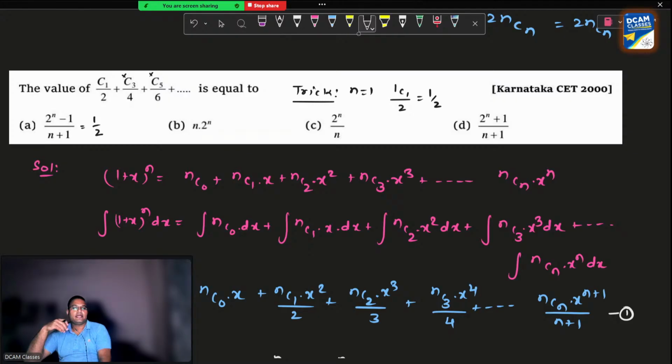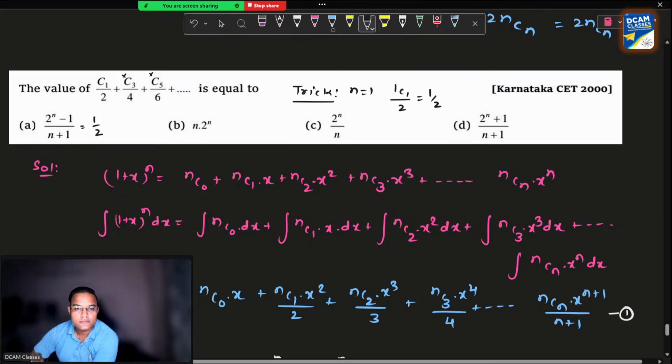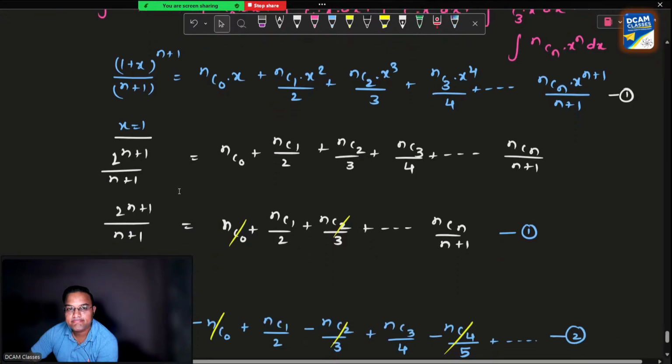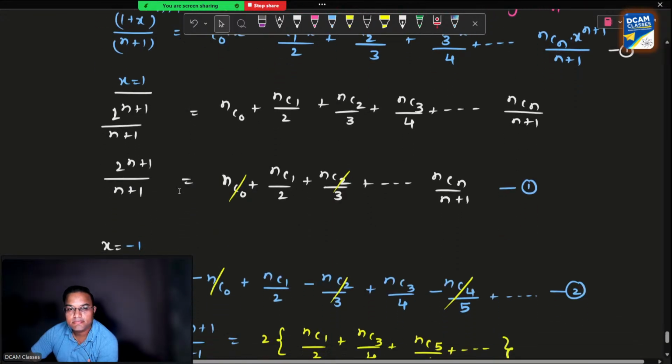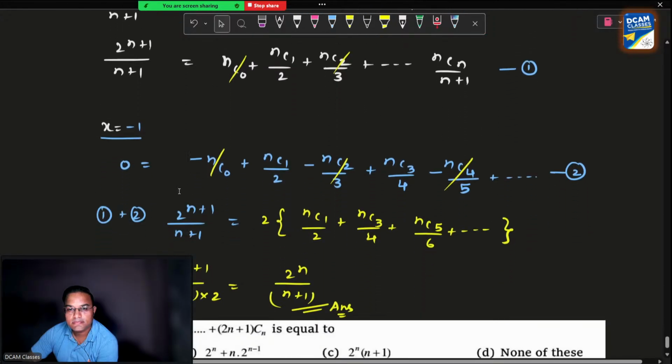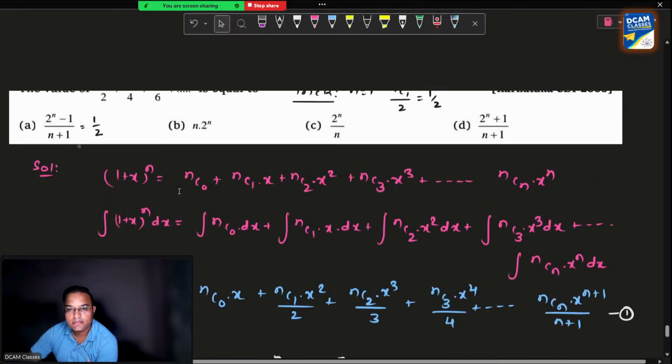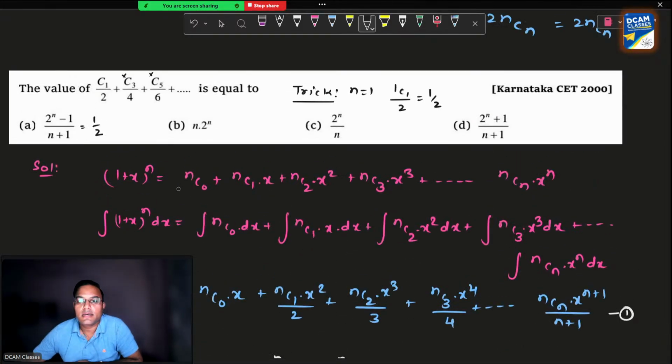I don't know why we are not getting this. We are missing something. Trick is put n is equal to 1.